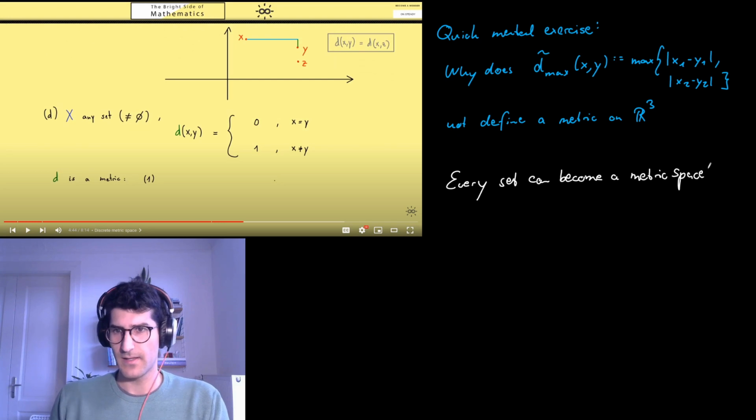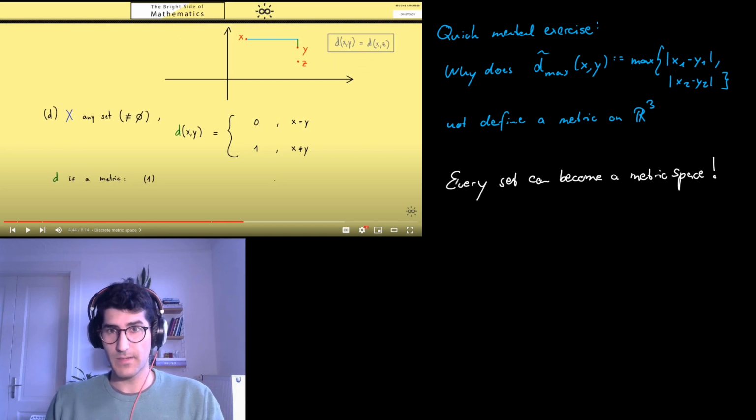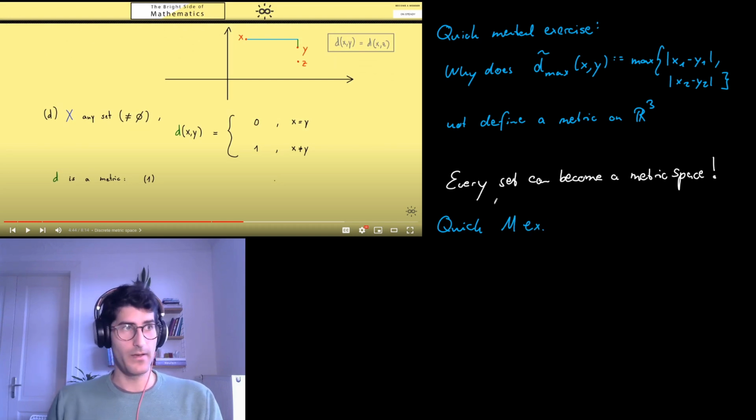Given just a set that is not empty, you can already make it a metric space by using the simple definition. But as a quick mental exercise, think about the following.